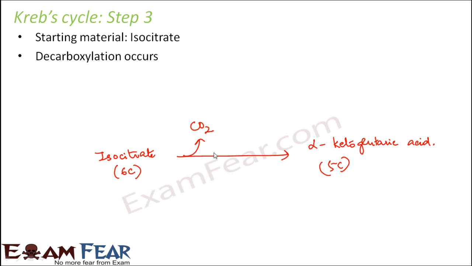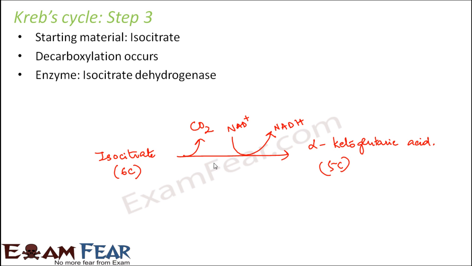And also during this decarboxylation, NADH is also formed. So the enzyme which plays a role here is isocitrate dehydrogenase. And the product formed is alpha ketoglutarate or alpha ketoglutaric acid and NADH.